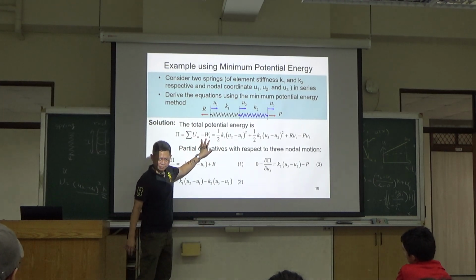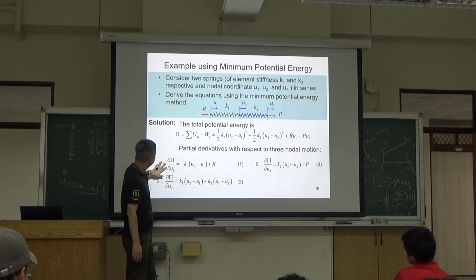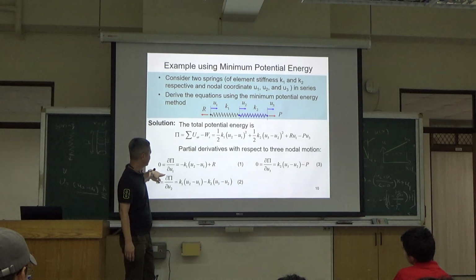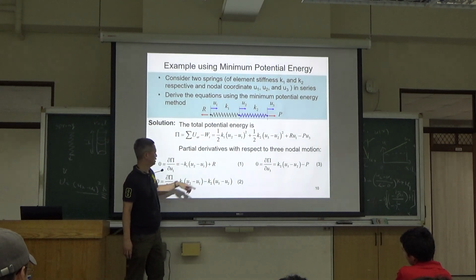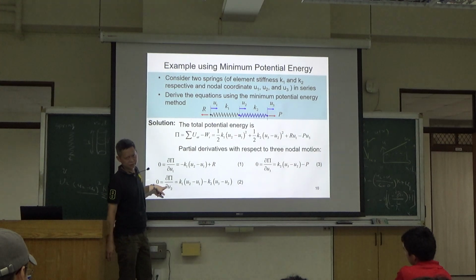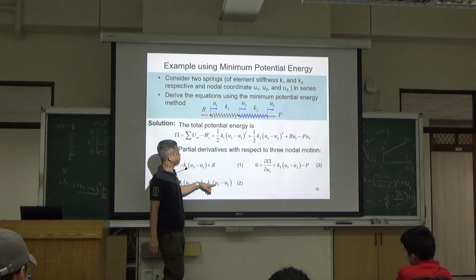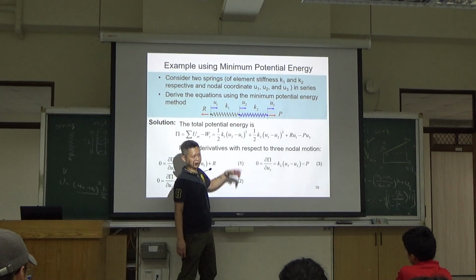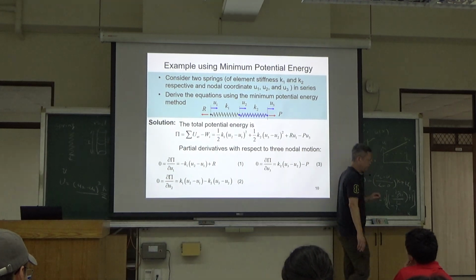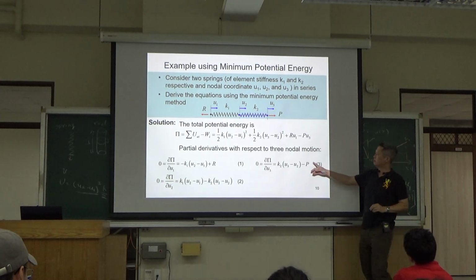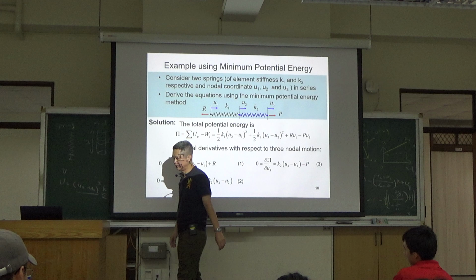After you have these expressions, you take the total potential energy and do the differentiation. First differentiation with respect to U1, you get one expression. Next, you take the differentiation with respect to U2, you then get the force balance at node 2. And third, you do the differentiation with respect to U3, then you have the force balance at node 3.